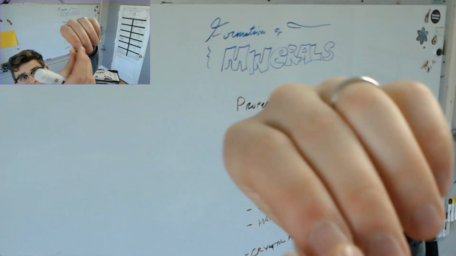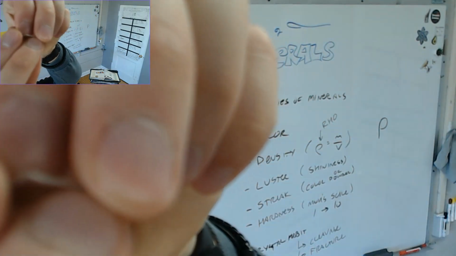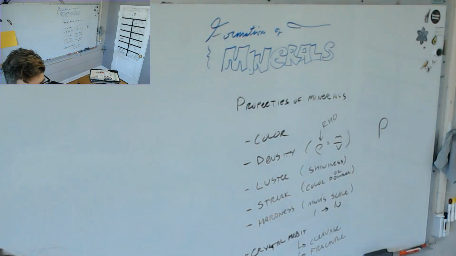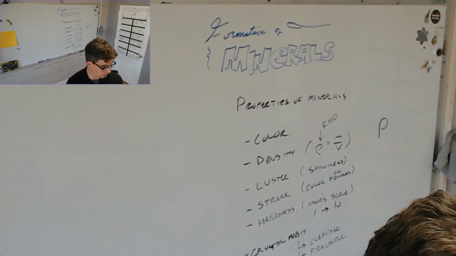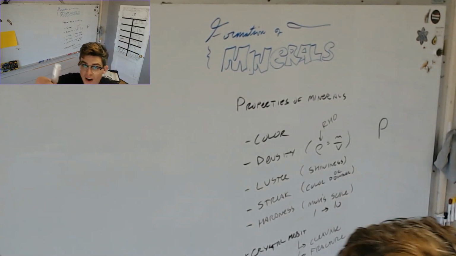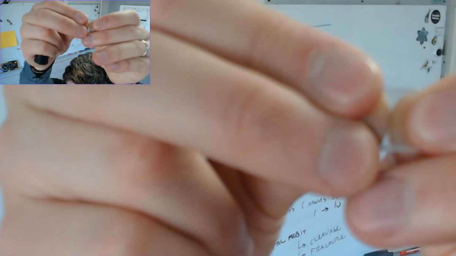I can peel off just a tiny little flake of it, and that's called cleavage. I have cleft this mineral. To cleave means to break. I have torn it apart along its crystal lines. So that's cleavage, when it breaks along those same lines as its crystal, and it's fracture if I break it along the other axis, if I just break it like that.